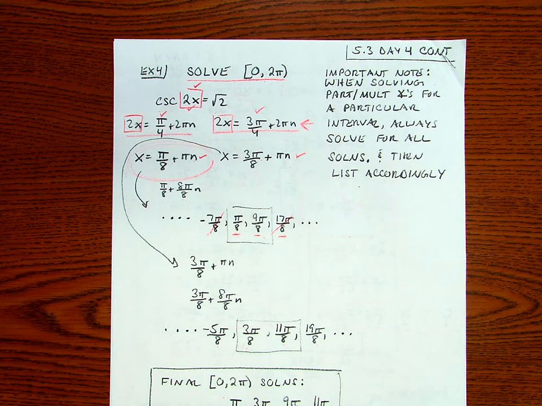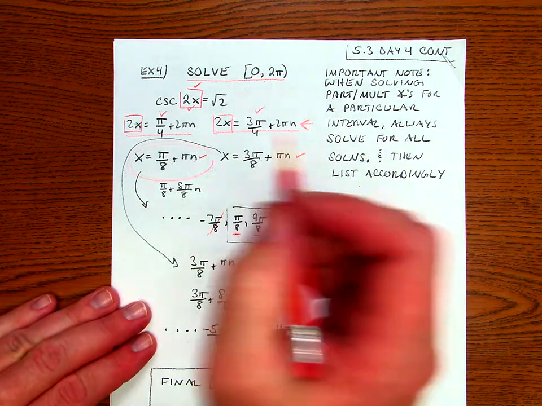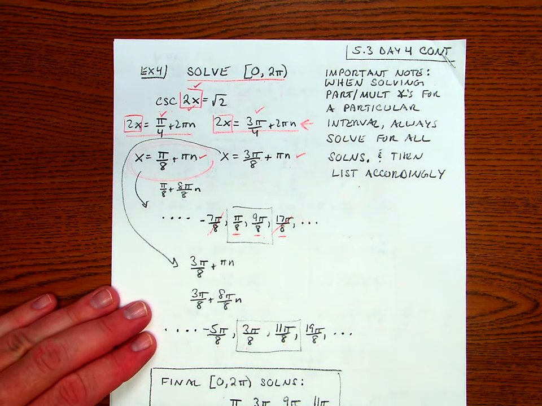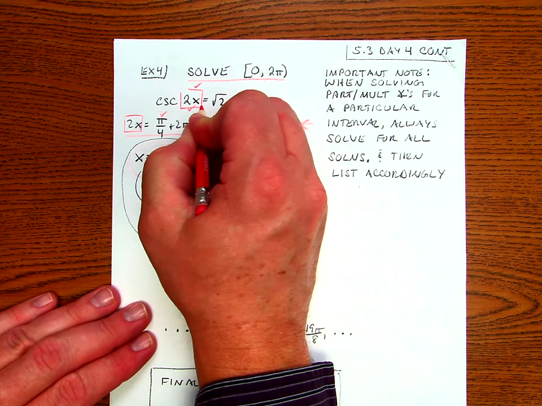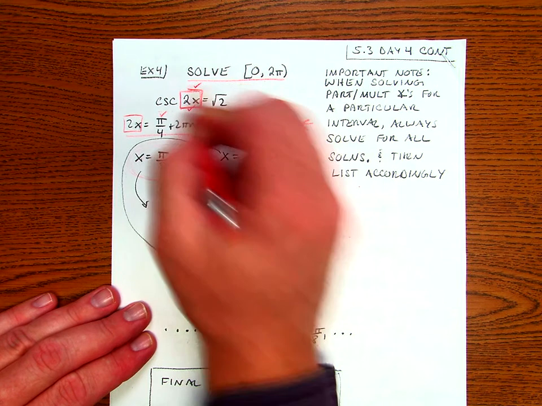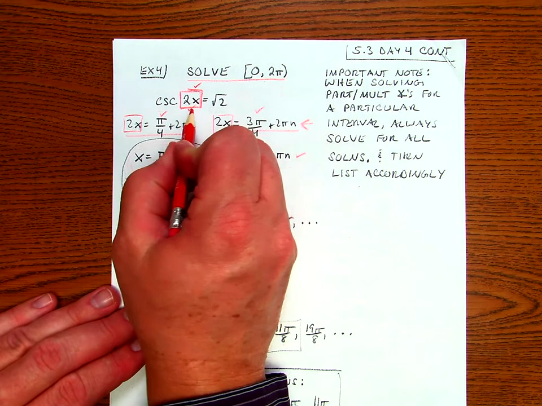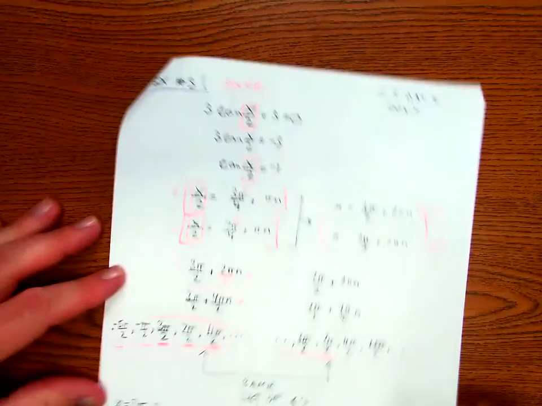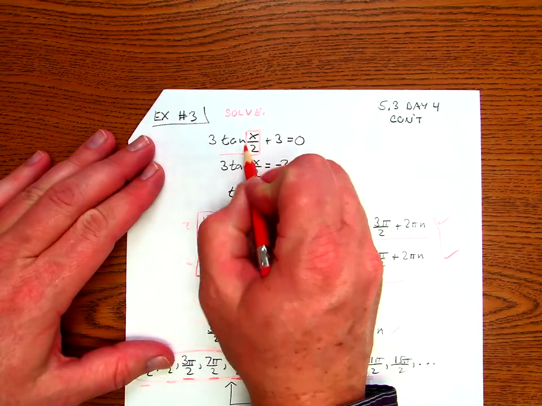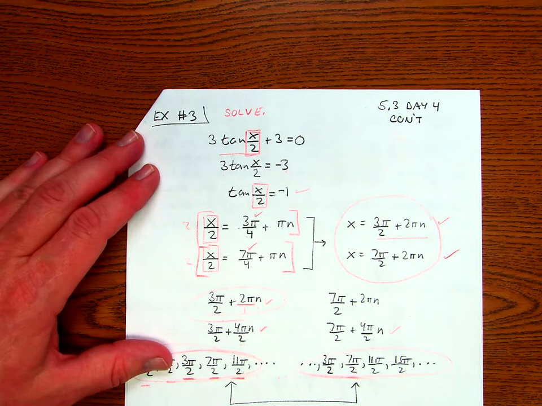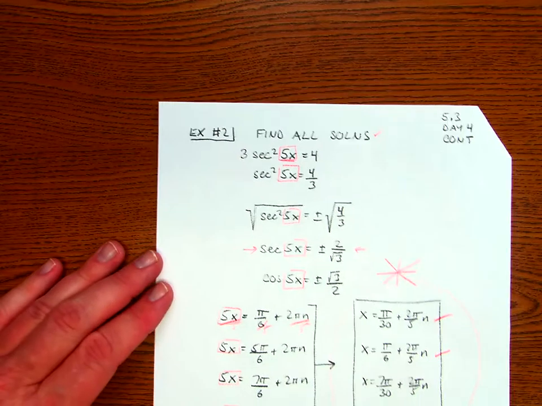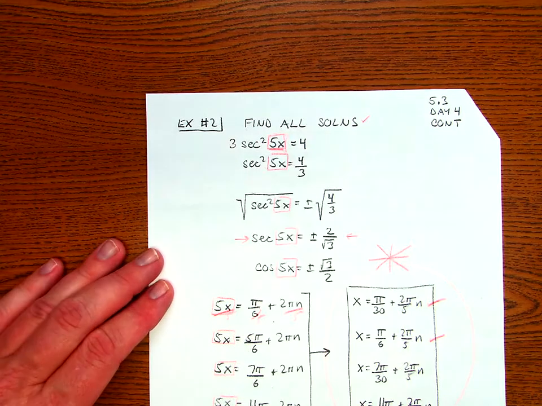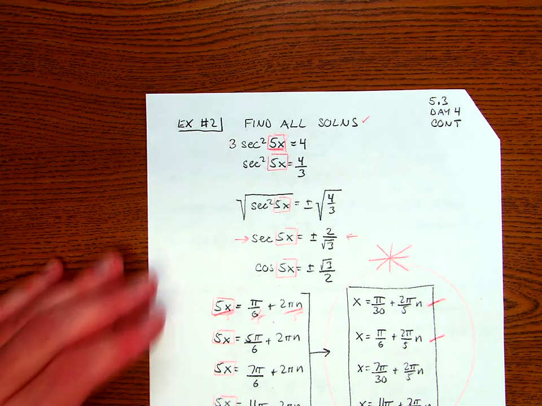In the process of solving, treat this thing right here as one big variable: solve for the 2x, and then take your solutions and divide through by 2. For this one, solve for x over 2, take your solutions, and multiply through by 2. Solve for 5x, get your solutions, and divide through by 5.